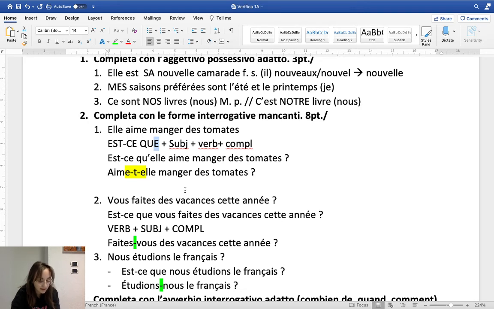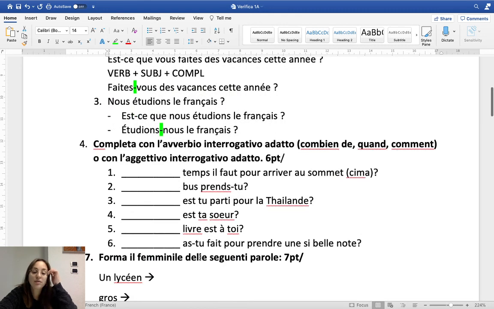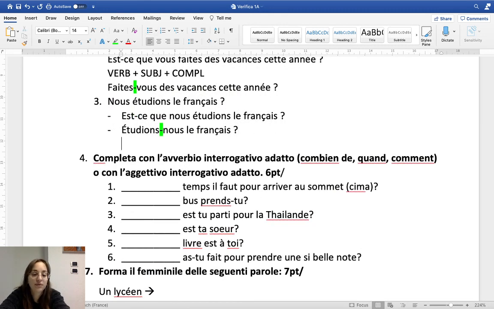Number 6. Taïsia et Marius aiment chanter. So here, pay attention, we have to add the pronoun used for Taïsia et Marius, which is the plural form ils. Aiment-ils chanter? We can put the sentence in this way. Taïsia et Marius, comma, aiment-ils chanter? I'm going to write it down on this page.